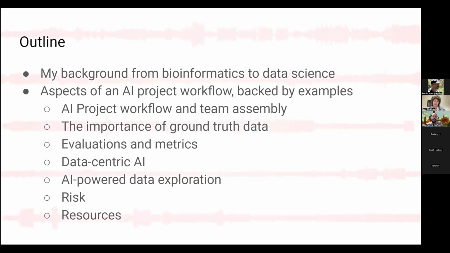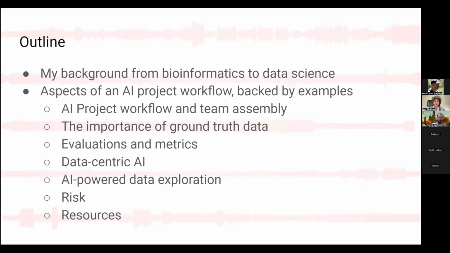All right, so the outline: I'm going to talk a little bit about my personal background from bioinformatics to data science, how they're the same and how they're different. Then this will be a bit of an educational section, going into the aspects of an AI project workflow, backed by examples that I worked on with different partners from around the Smithsonian.